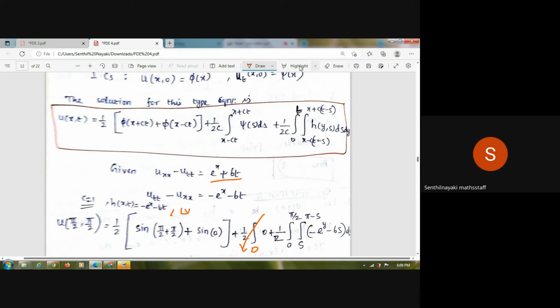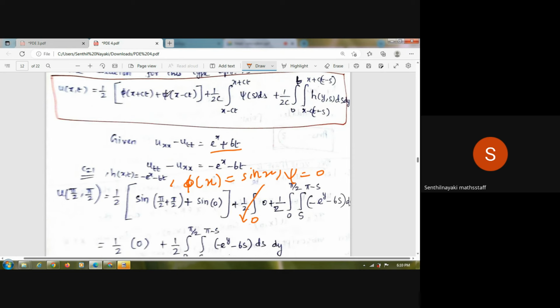Sorry, φ(x) is sin x, but ψ(x) is 0. So the second integral becomes 0.